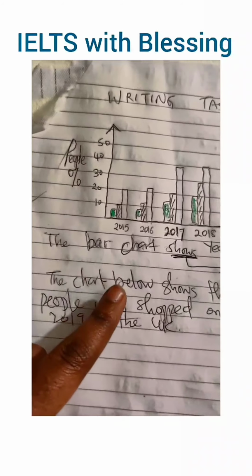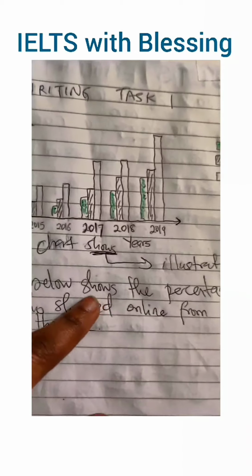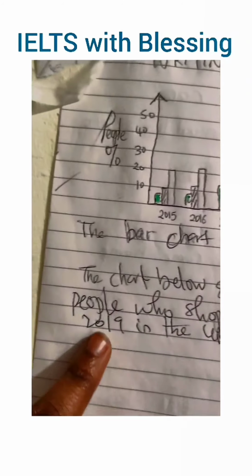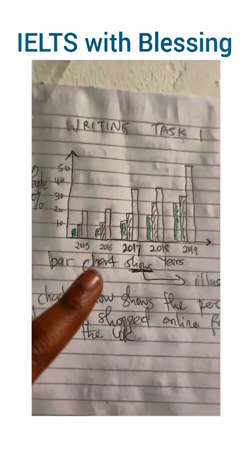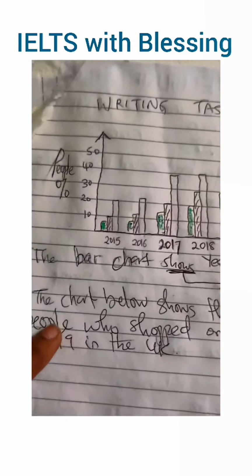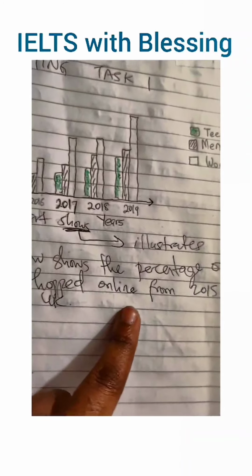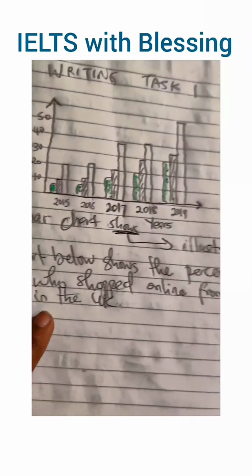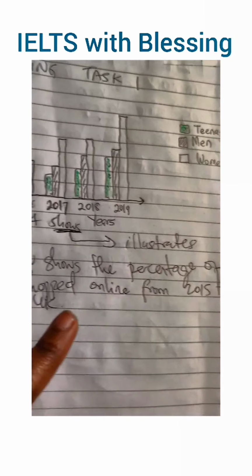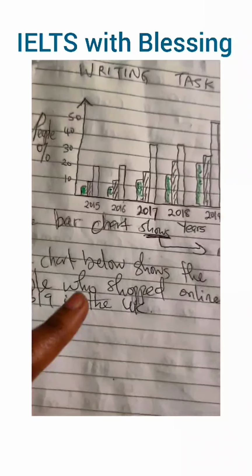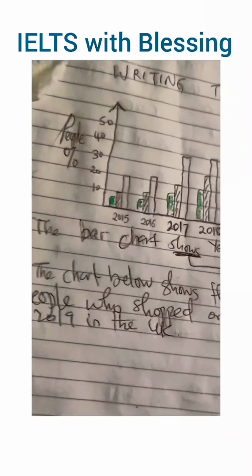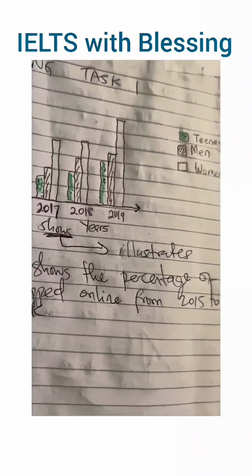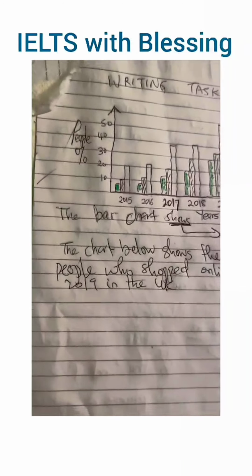So the bar chart below illustrates the proportion, instead of percentage, of men, women and teenagers, instead of people, who shopped online or who did online shopping from 2015 to 2019. You can put in a period of 5 years, in brackets, 2015 to 2019 in the UK. That's a very good way to paraphrase it. So your first paragraph is done.